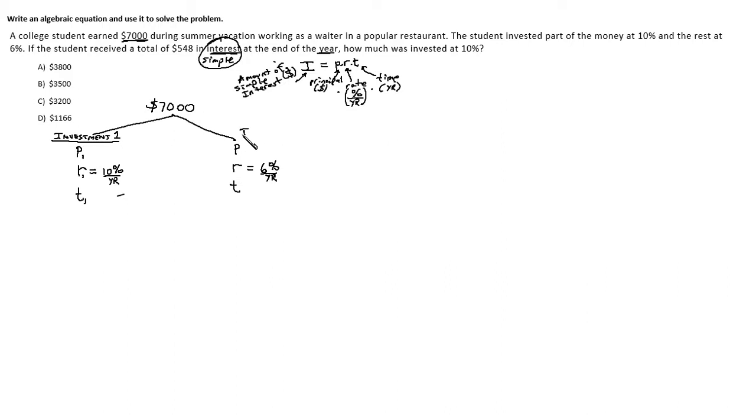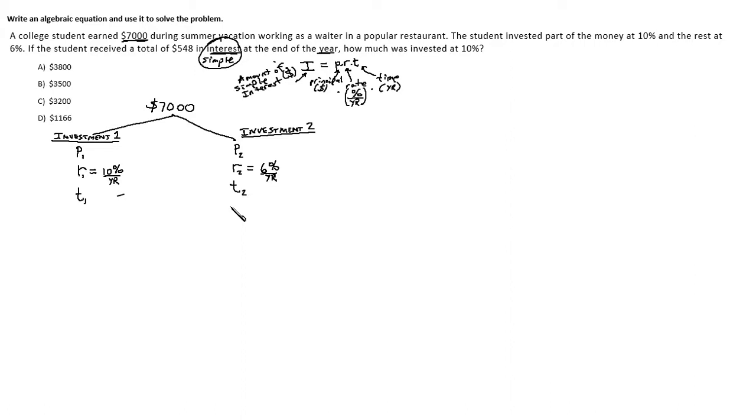And these other ones are going to go with investment 2. We don't know whether these investments are stock versus money market. We're just going to call them investment 1 and investment 2, and give the P, R, and T of investment 2 subscripts of 2.